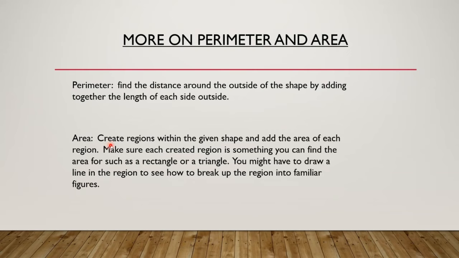I understand it sounds a little confusing, and there's more in the book as well. But you're going to break up the region into something like squares, rectangles, circles, parallelograms, triangles, things that you know area formulas for. You may have to draw lines within the region. That's okay. You can do that. That won't change the area.